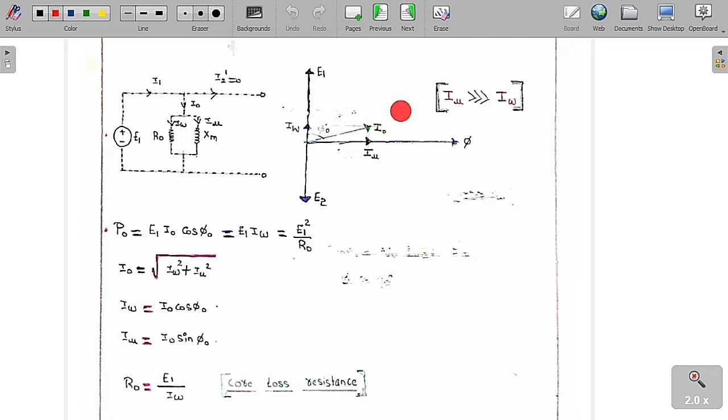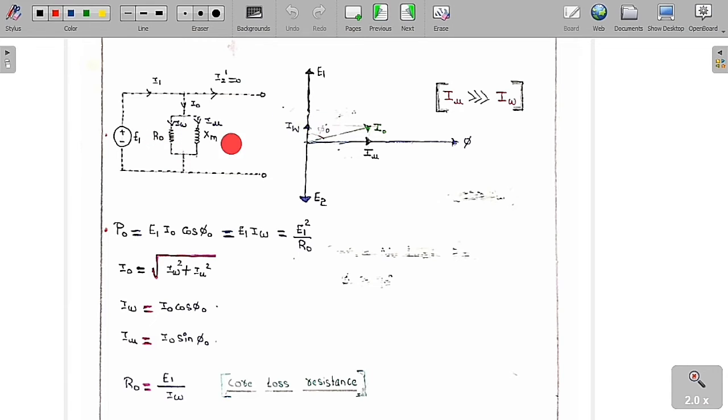If you draw a phasor diagram, this is the induced voltage in the primary winding. The flux always lags the primary induced voltage by 90 degrees. E1 and E2 are always in opposite phase. This is E1 and this is E2. E1 and IW are both across the resistor, so both are in phase.